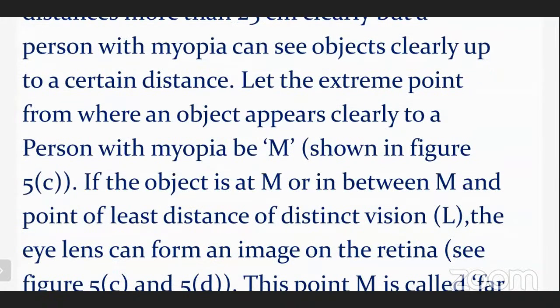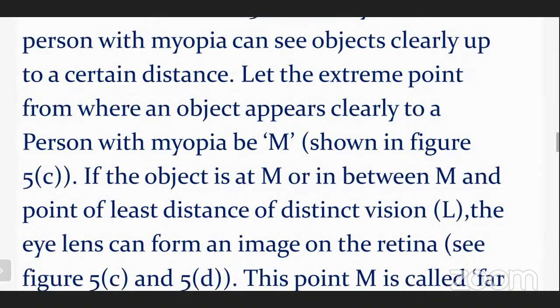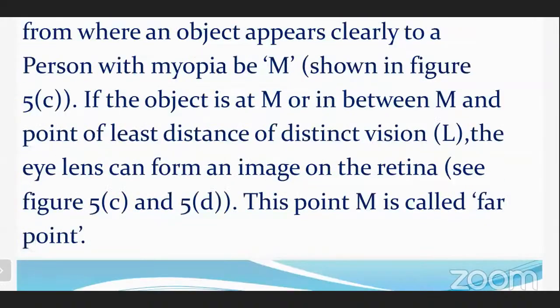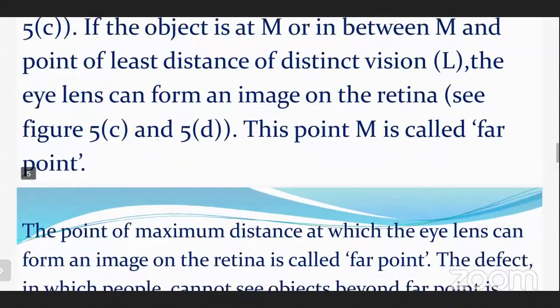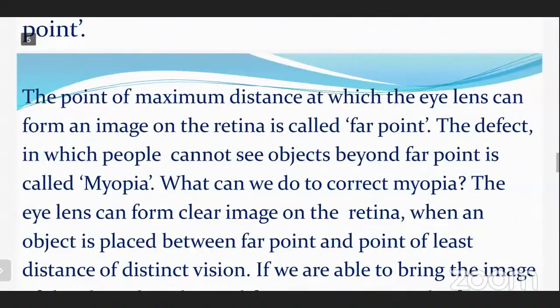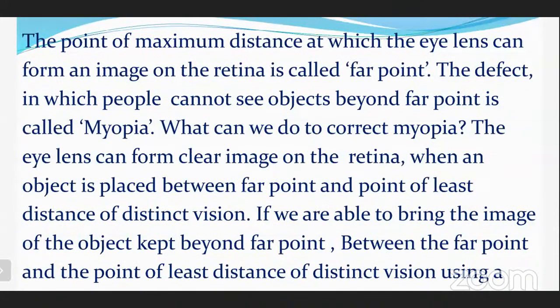L is the least distance of distinct vision, that is 25 centimeter. Here the eye lens forms an image on the retina in figure 5C, and this M is called the far point. The point of maximum distance at which the eye lens can form an image on the retina is called the far point.